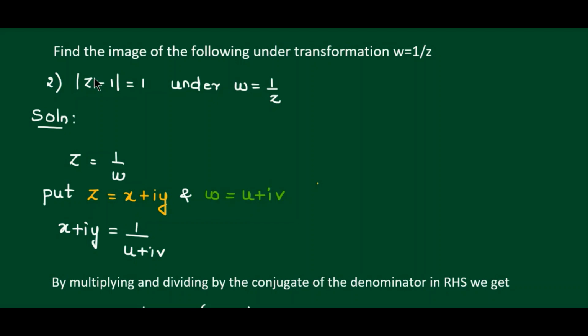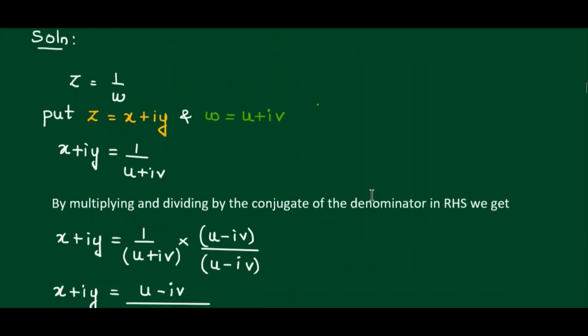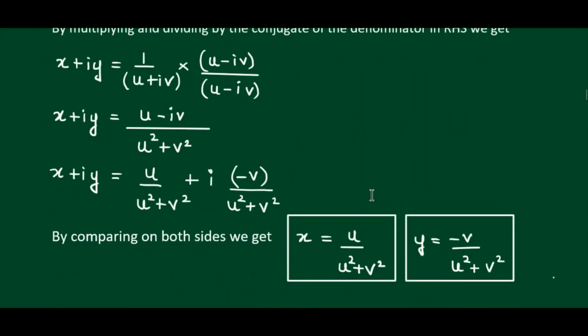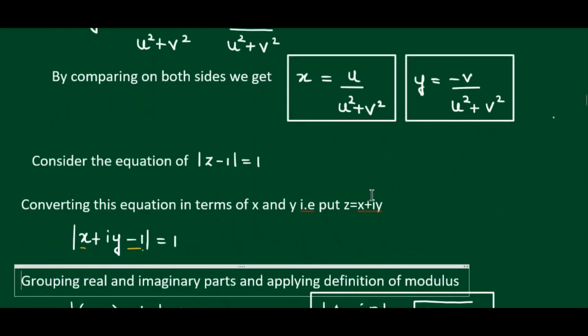Now, after finding x and y from this equation, we are going to substitute x and y in this equation in order to find the image of the equation in W plane. And you already know what are x and y, which is u by u square plus v square and minus v by u square plus v square.